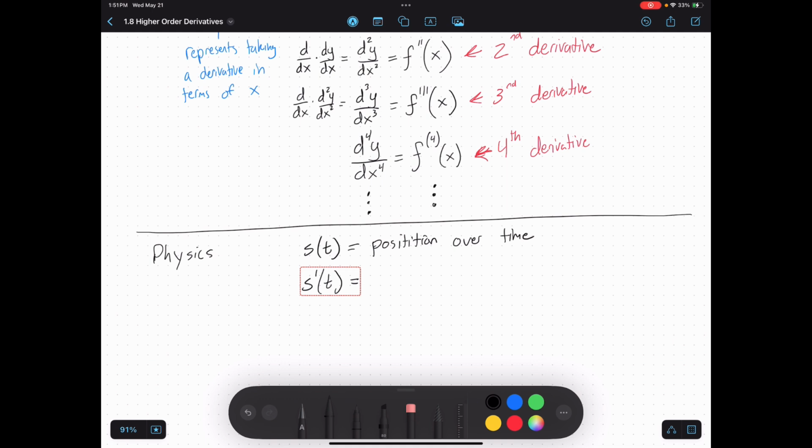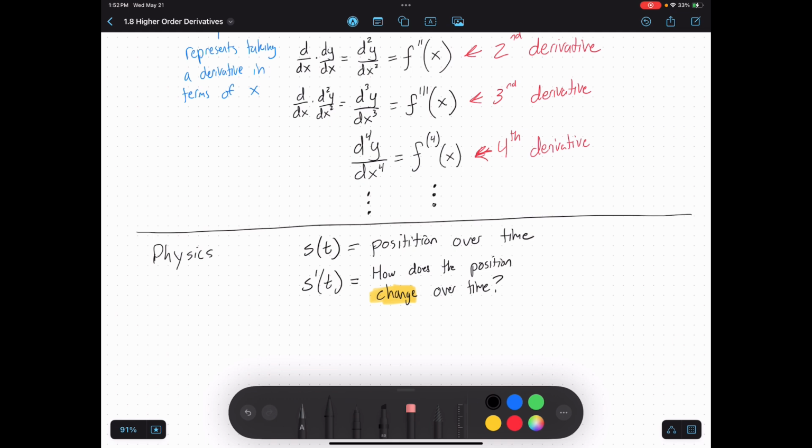So what the derivative asks is, how does the position, because s is all about the position of the object, how does the position change over time? Important word there is change, because that's what a derivative is all about. It's a rate of change.